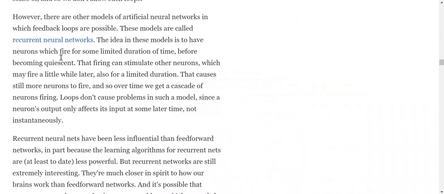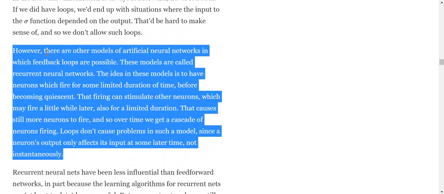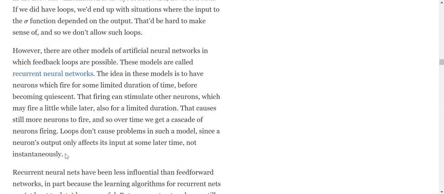Inactive or dormant. Yep. That firing can stimulate other neurons, which may fire a little while later, also for a limited duration. That causes still more neurons to fire, and over time we get a cascade of neurons firing. Loops don't cause problems in such a model, since a neuron's output only affects its input at some later time, not instantaneously.